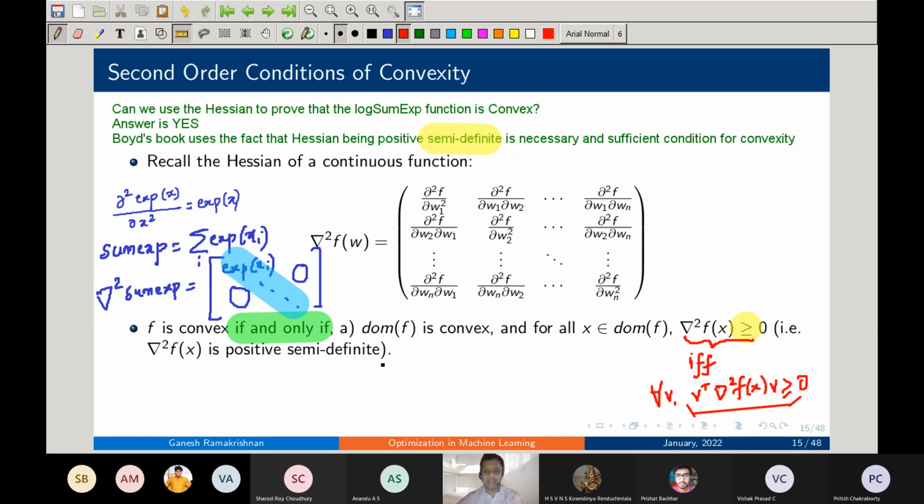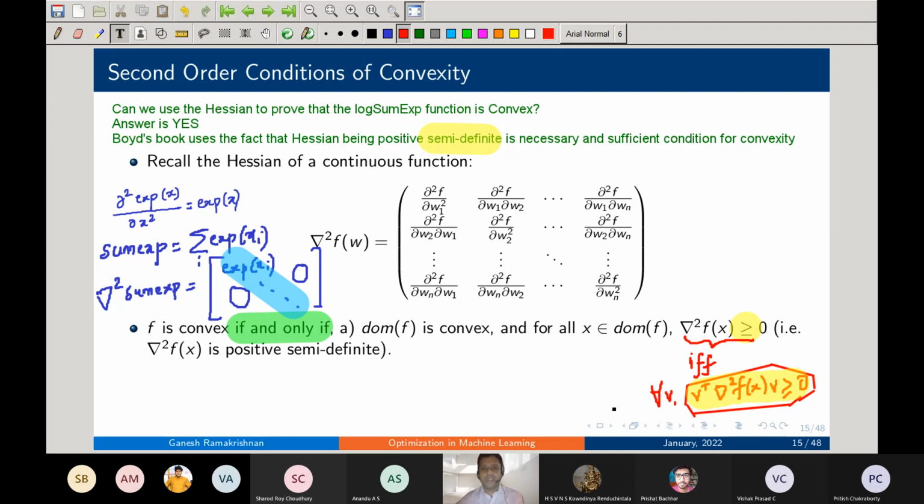This is basically curvature. So this entire expression is a curvature expression. And we are saying that along any direction V that you take, the curvature should be positive. That's an important point.